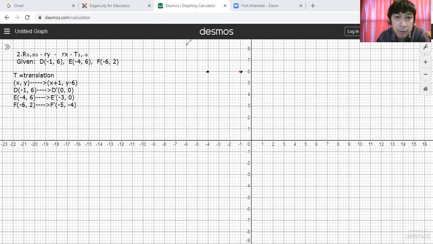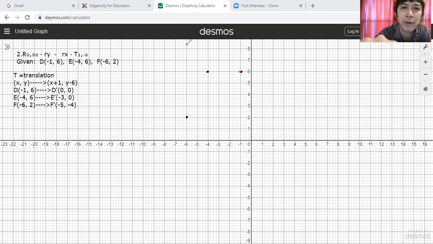So negative 1, 6, negative 4, 6, and the other point is negative 6, 2. Where is this? Negative 6, 2. There. That looks like a triangle. Let me just review it: negative 4, 6 and negative 1, 6.